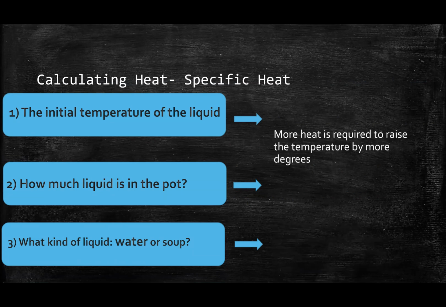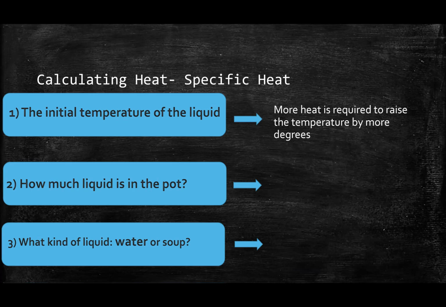When we're talking about the initial temperature of the liquid, it's going to affect how much heat we add. More heat is required to raise the temperature by more degrees Celsius. So if we're starting at 1 degree Celsius, we're going to have to add more heat to bring it up to 100. If we're starting at 50 degrees Celsius, it's less heat than if we started at 1, because we're already halfway to 100.